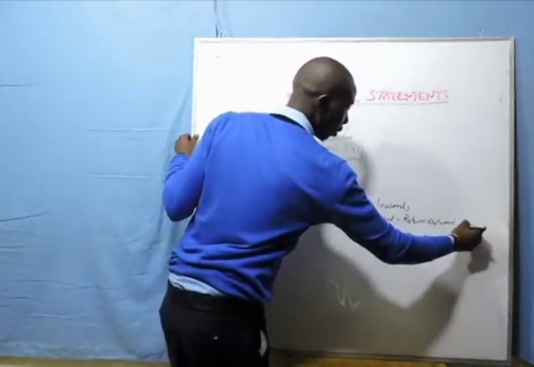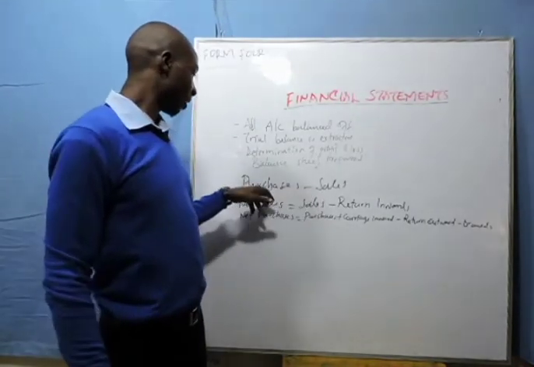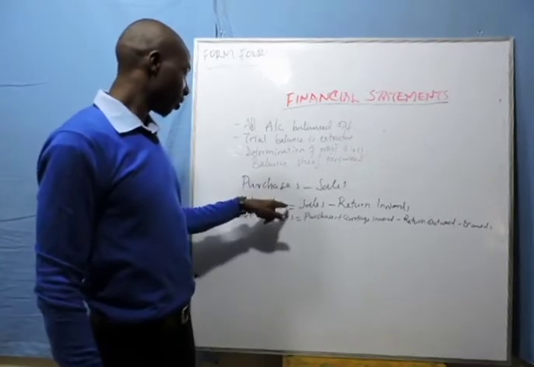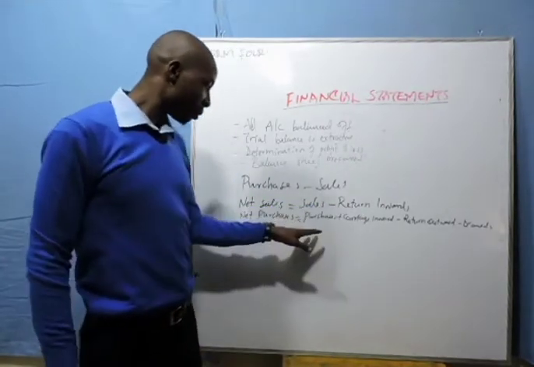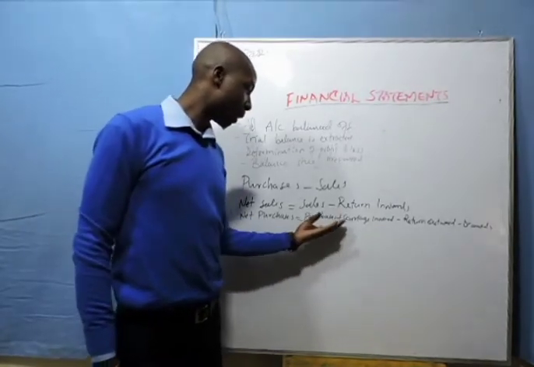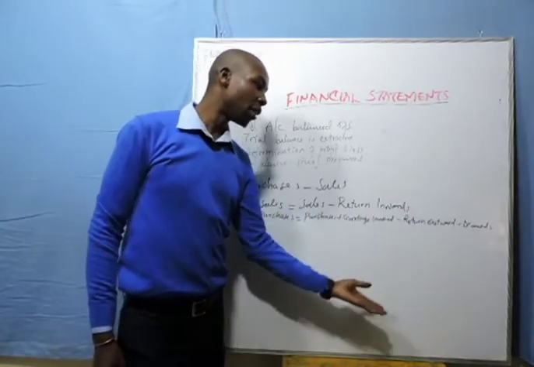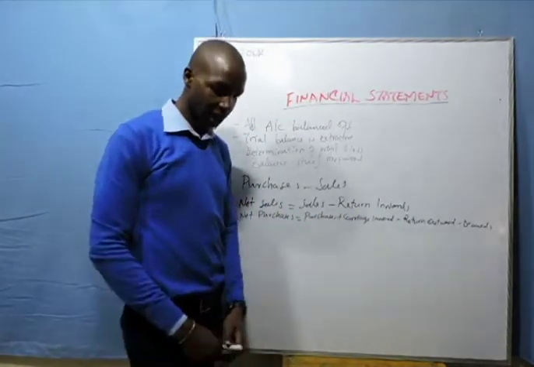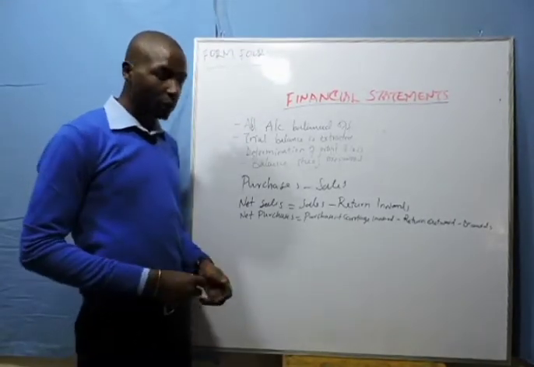So to know what is profit or loss, net sales is found by sales less return inwards, then net purchases is gotten by purchases plus carriage inwards, less return outwards, less drawings. Let's see now how to get the gross profit.